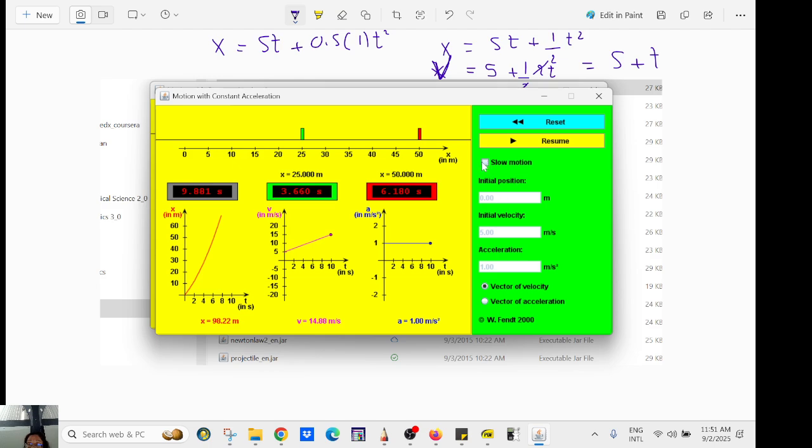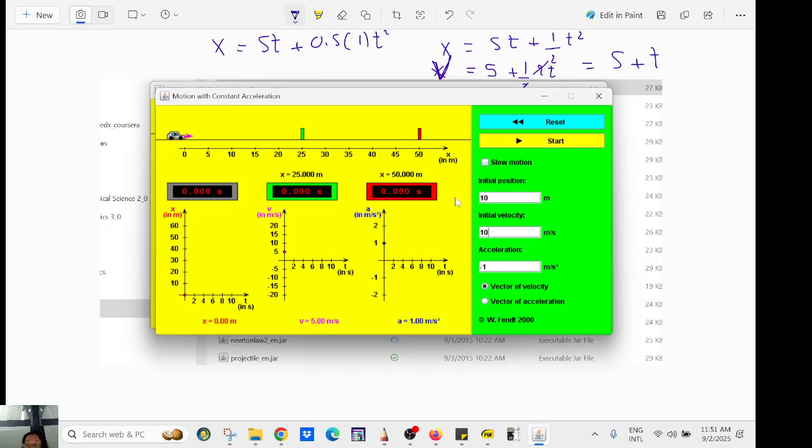What else? Now, we're going to start with initial position. It's going to be 10. And acceleration, I'm going to make it -1. So what's going to happen to the initial velocity? I'm going to do 10.